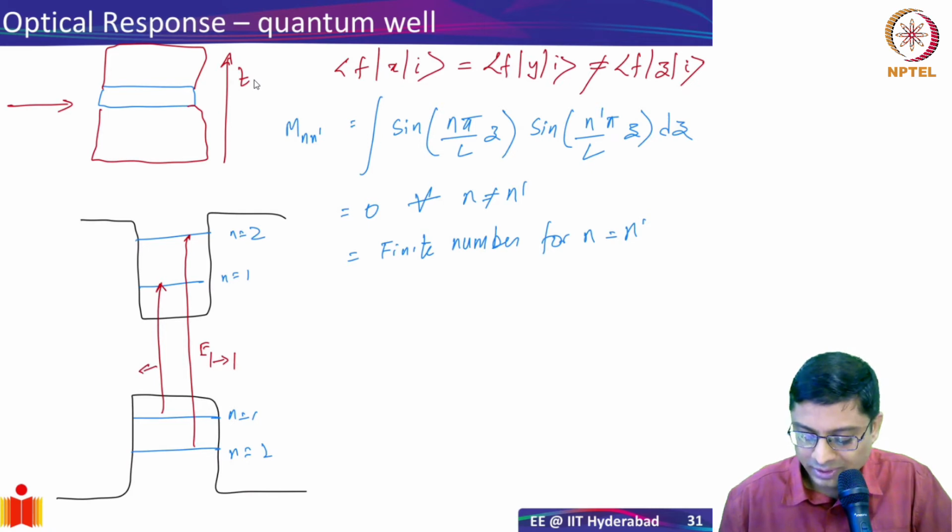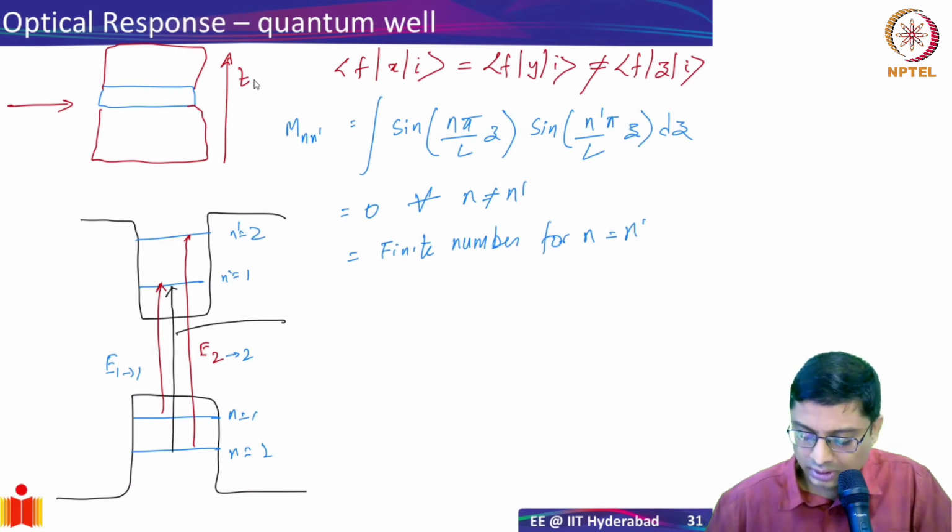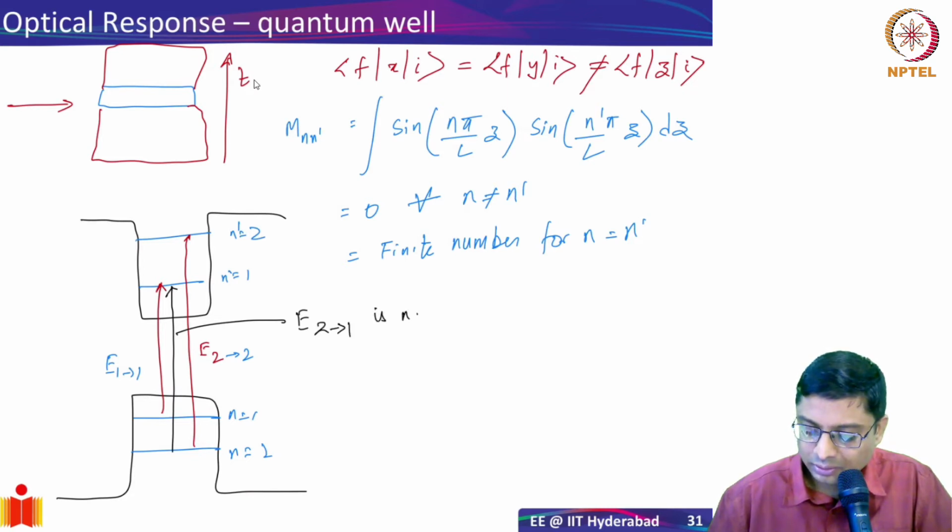This is going to be n equal to 2 to n prime equal to 2. Sorry, I should have written that. If I call this n prime, it is a 2 to 2 transition. And similarly, you can have the E1 to 1 transition. But you can't have a transition of this form. E2 to 1 transition is not allowed.